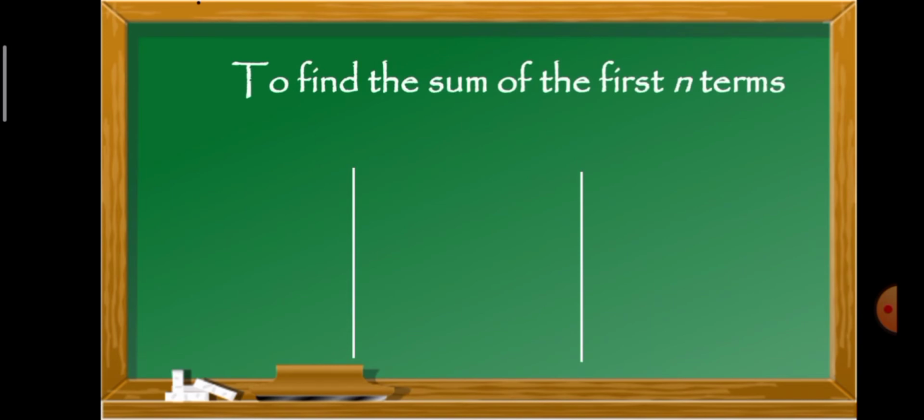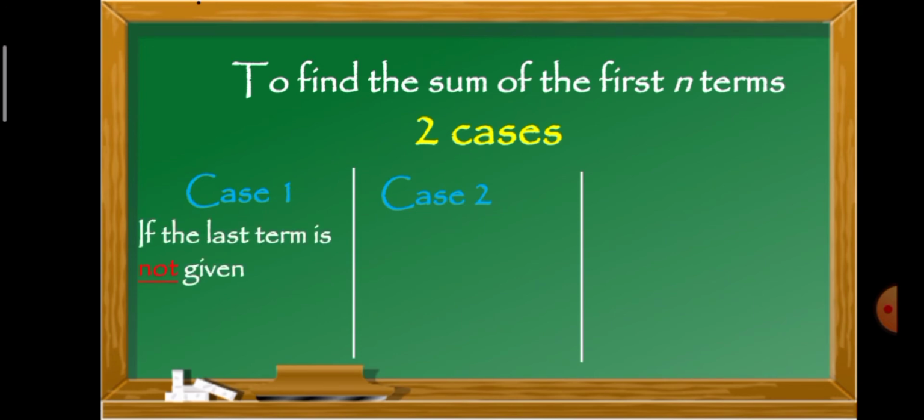To find the sum of the first n terms, we have two cases. Case 1, if the last term is not given, ito ang magiging formula natin: S sub n equals a sub 1 times 1 minus r raised to n all over 1 minus r.